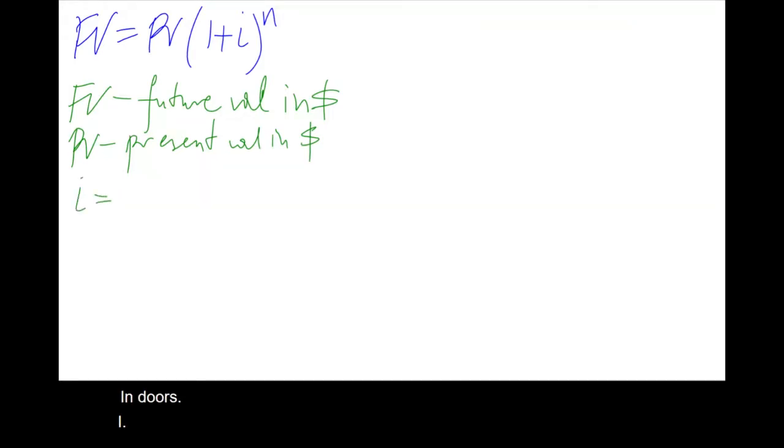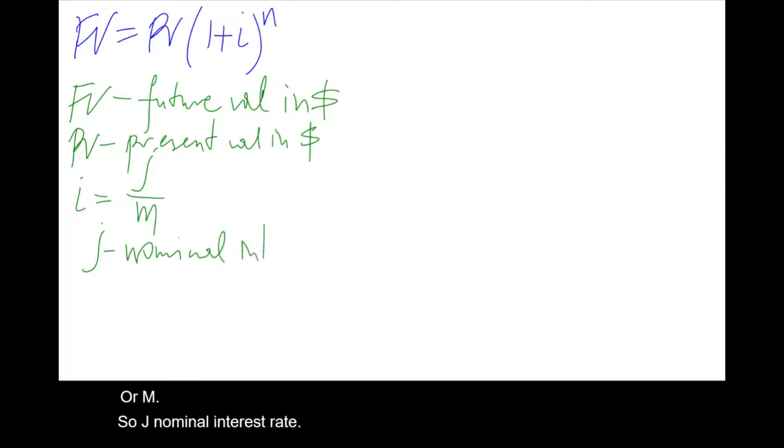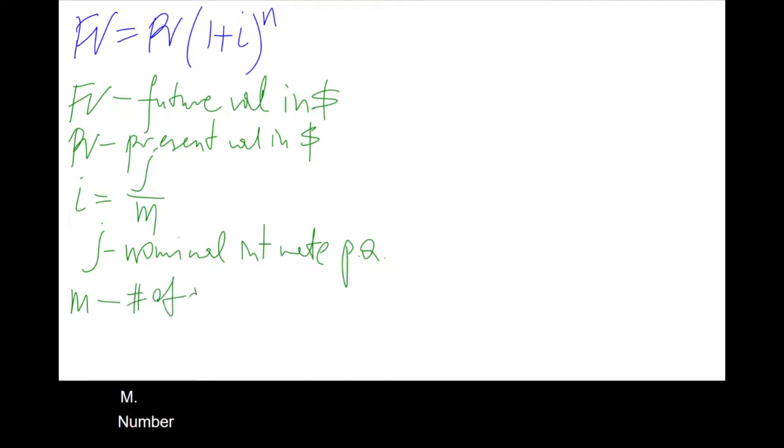i is j over m. So j is the nominal interest rate per annum. m is the number of compounding periods.